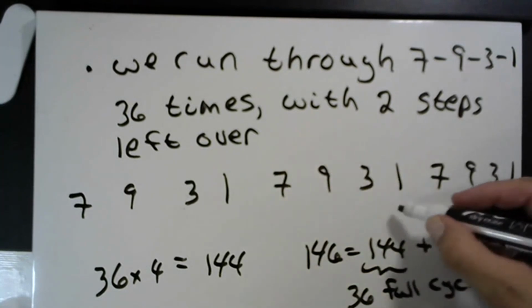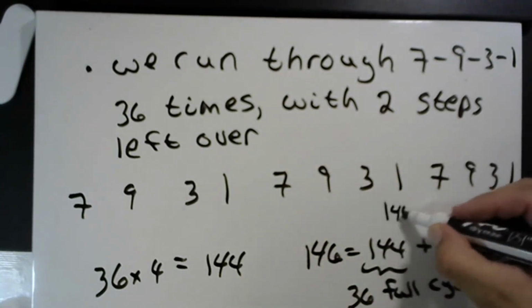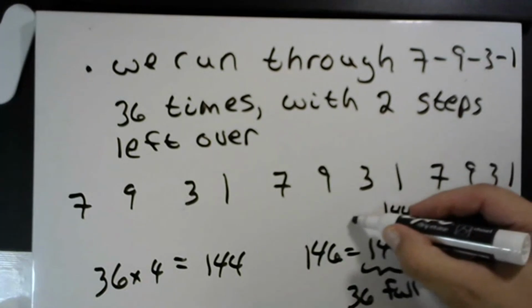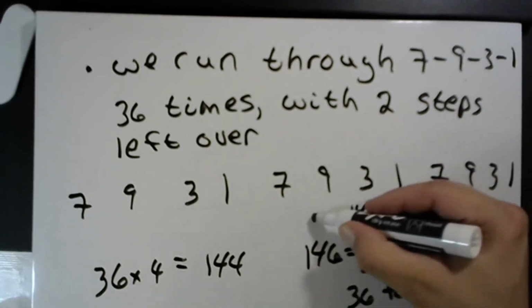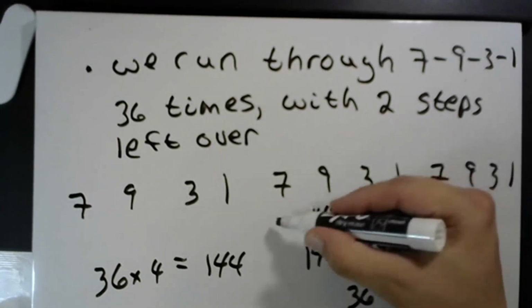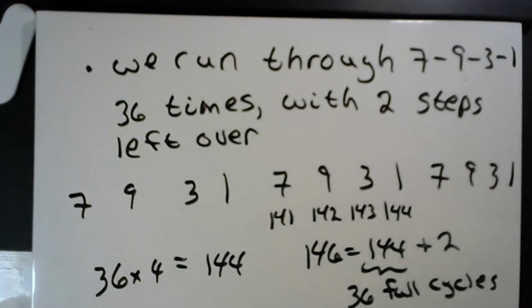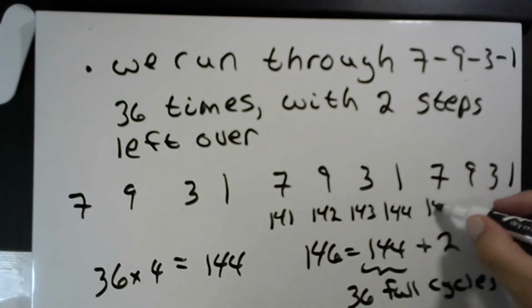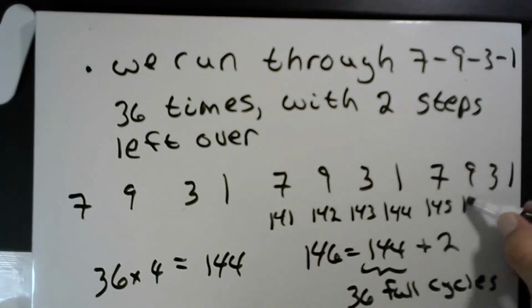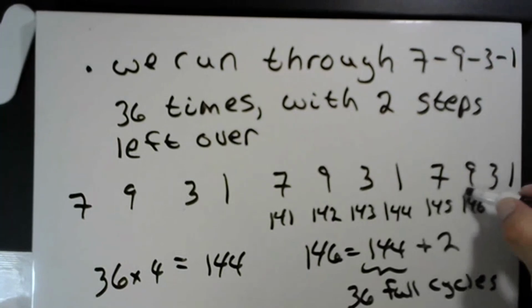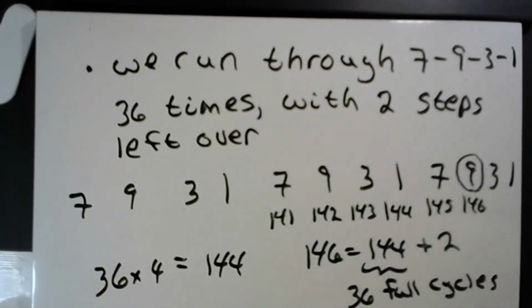If this is 144, and this would be 143, 142, 141, this would be 145 for the exponent 146. So the answer is actually going to be 9.